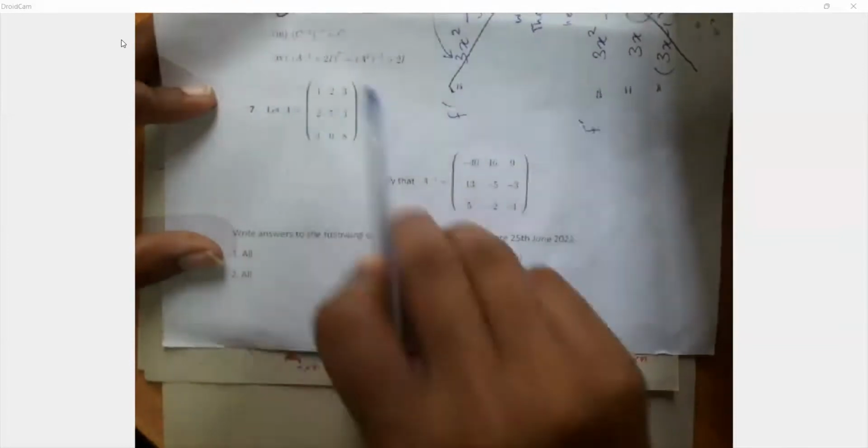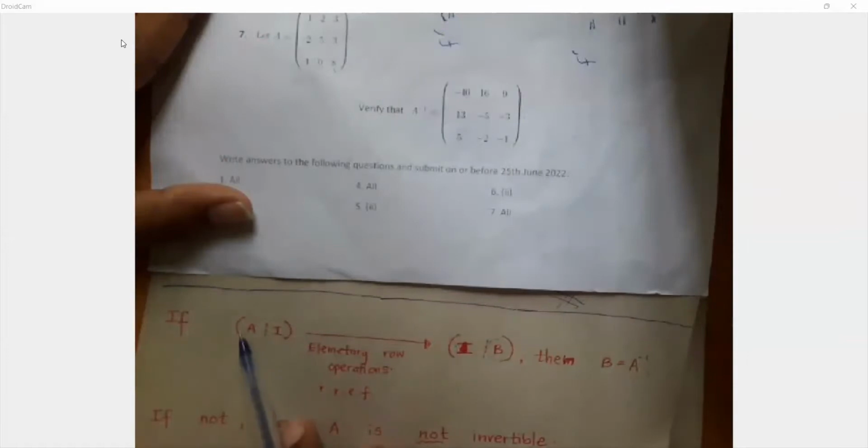That means I can use elementary row operations and reduce the system into reduced row echelon form. Take this one and write it as A. Write this augmented matrix A slash I. Our A is 1, 2, 3, 2, 5, 3, 1, 0, 8.